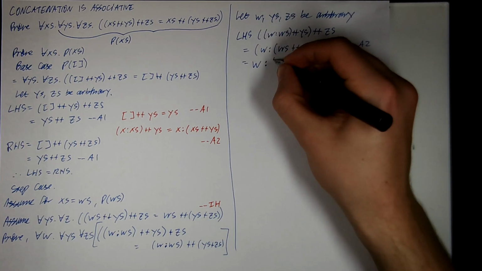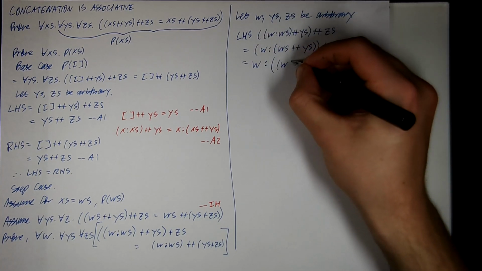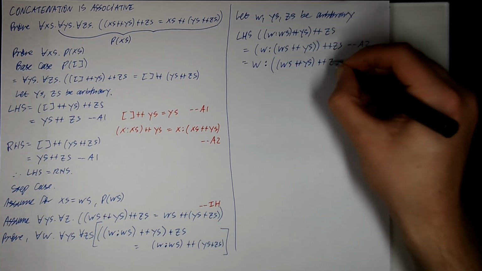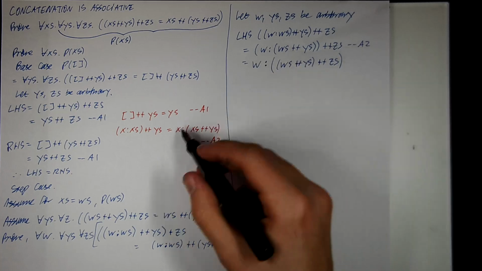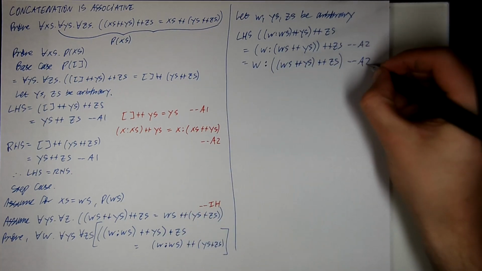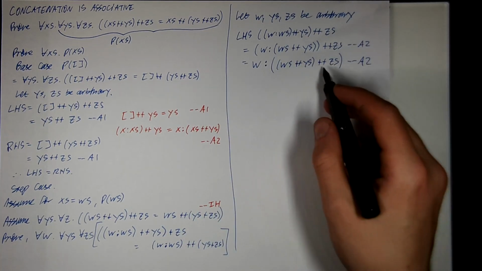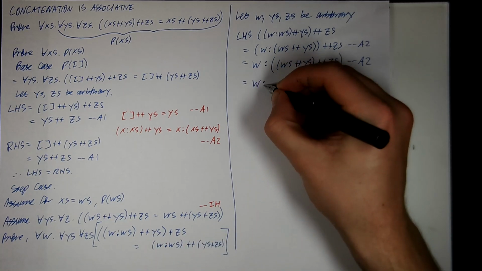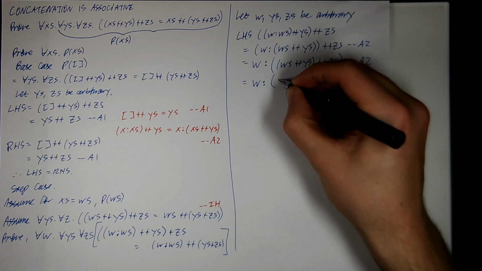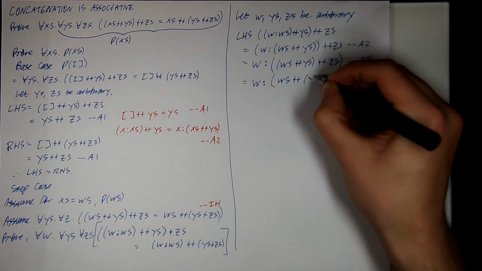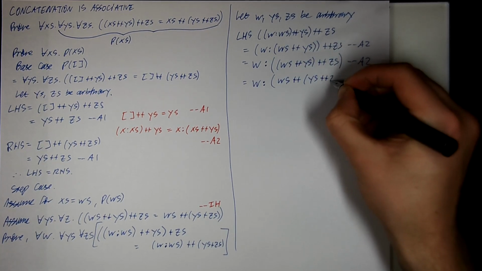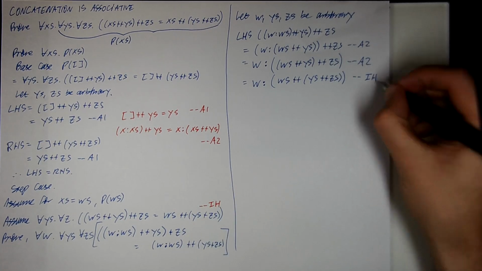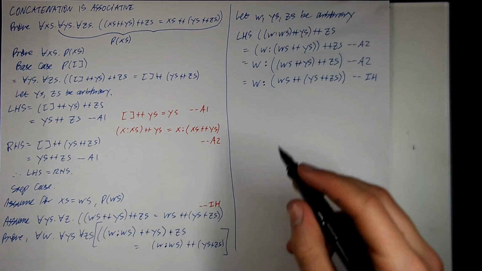So we have w cons ((ws concat ys) concat zs), just taking the w out front using A2. And now this term here looks just like my inductive hypothesis, so I can swap the brackets over. So you have w cons (ws concat (ys concat zs)) by inductive hypothesis.